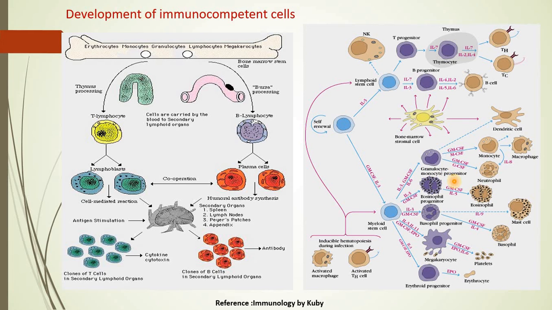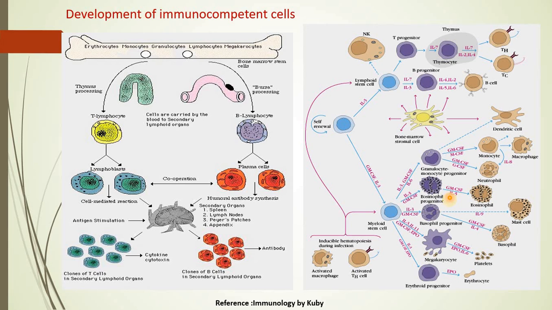The granulocyte-monocyte progenitor cell will further differentiate into monocytes and macrophages, or it can differentiate directly into dendritic cells. The difference between dendritic cells and macrophages is that in a dendritic cell, a large number of dendritic structures are seen surrounding the cell, which are fewer in macrophages.